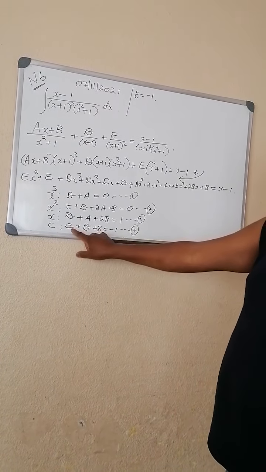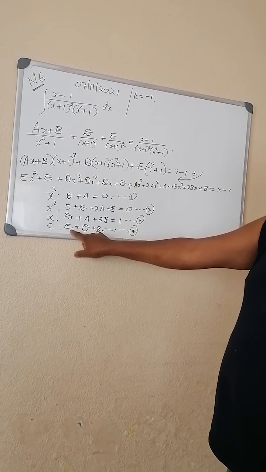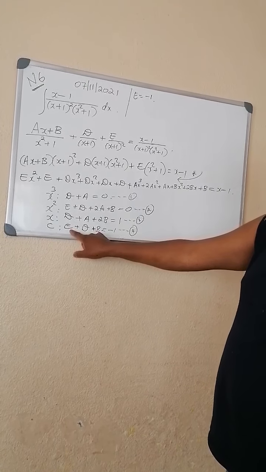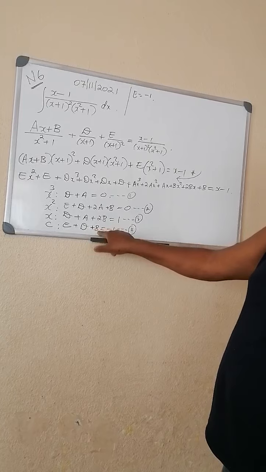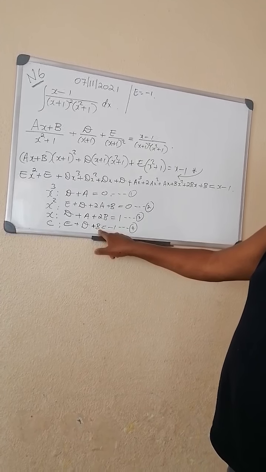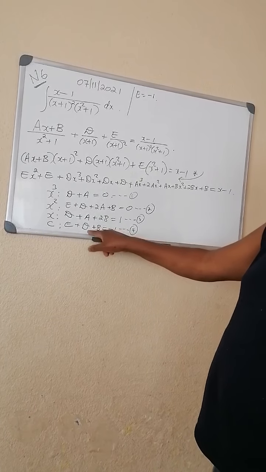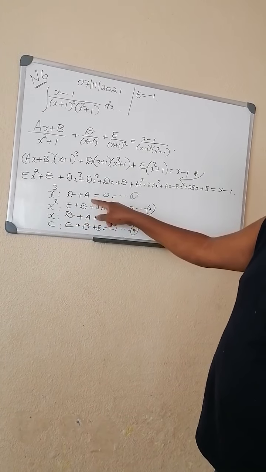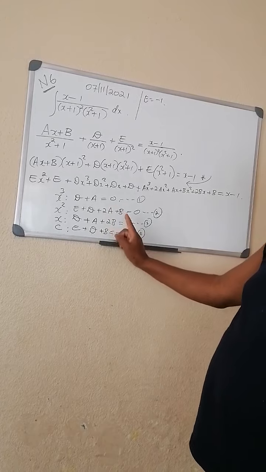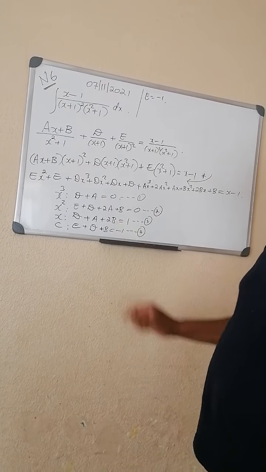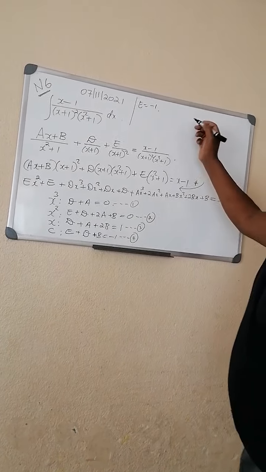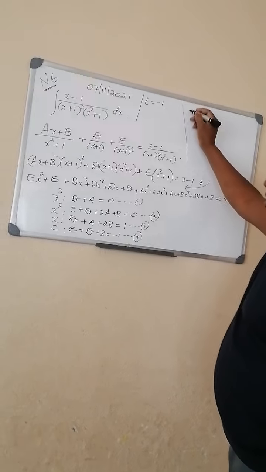If this e is minus 1, then I can have db. Now if I have db, then I can always relate db with dA to get rid of d, in order to get a. You need to be very focused.